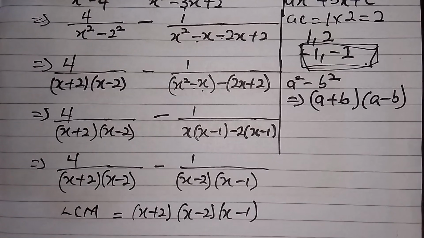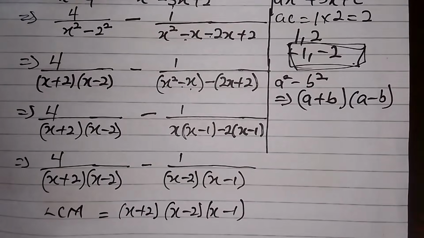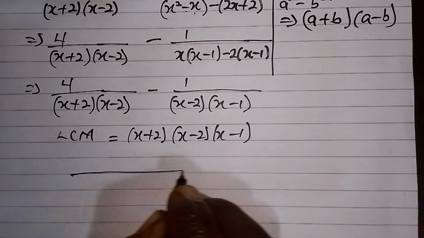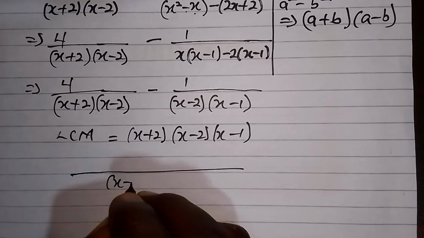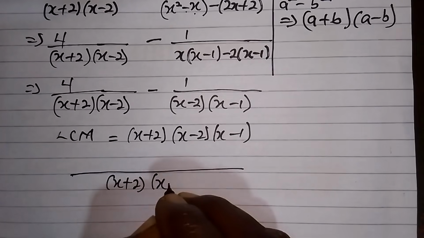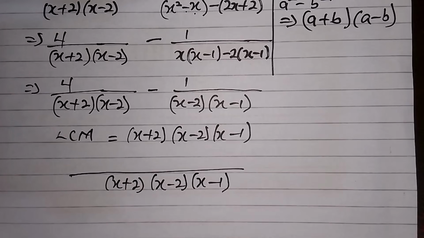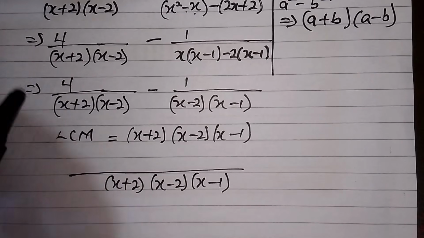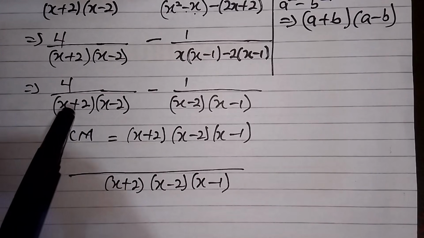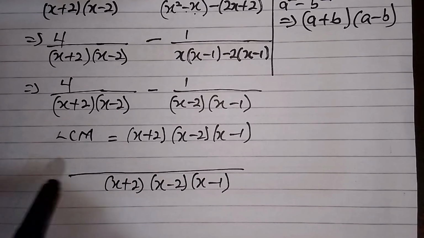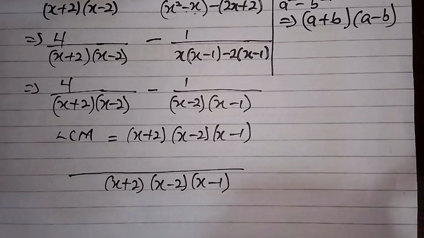So now that we have our LCM, this is an expression, so we divide through by the LCM. Our LCM is x plus 2, x minus 2, x minus 1. Taking the first term here, x plus 2, x minus 2 is being divided by the LCM.